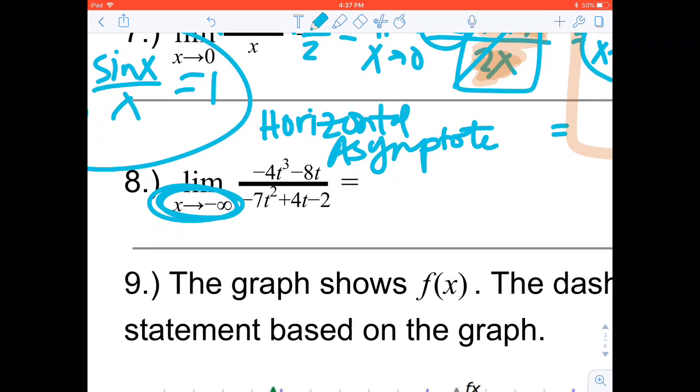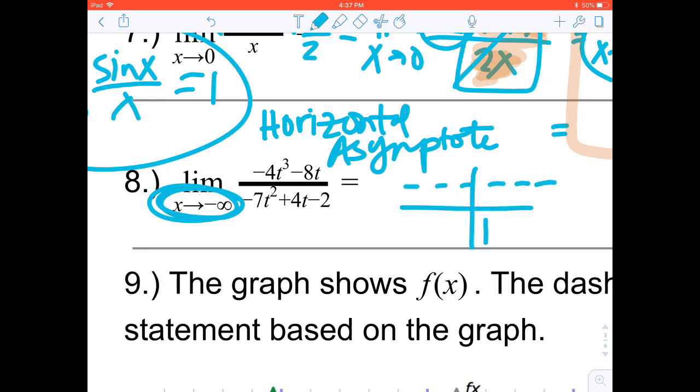Because if you think about it, the horizontal asymptote is the y value as these x's are all going to positive infinity or as they're going to negative infinity. So always keep in mind when you're finding that limit as x goes to infinity, that's what you're finding is a horizontal asymptote.